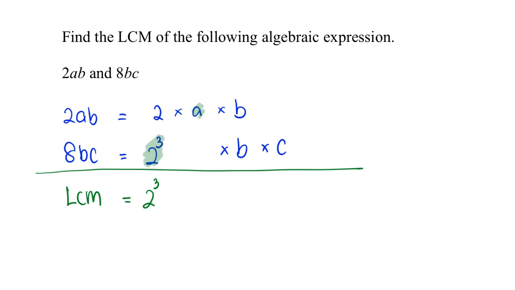A compared with nothing, I will choose my a. b and b, doesn't matter which one, we just need to choose one b. And of course, c and nothing, I will choose c. And finally, this will be 8abc. This will be the lowest common multiple for these two terms.